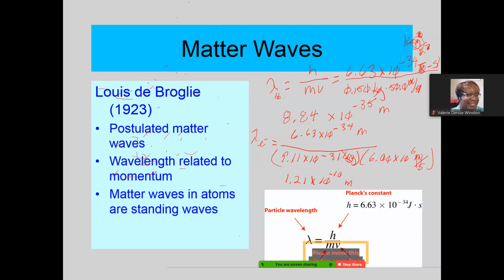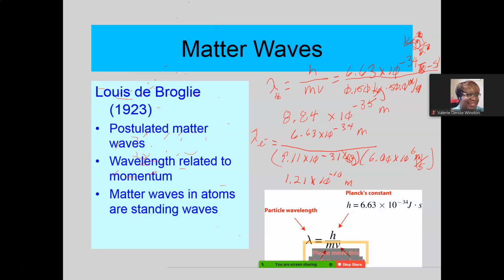So that's a considerably larger number than that one. The baseball is so incredibly tiny, you'll never in your million years measure that wavelength. This one down here, though, that's only a tenth of a billionth of a meter, which is a pretty small number, but it's much bigger than the 6.63.